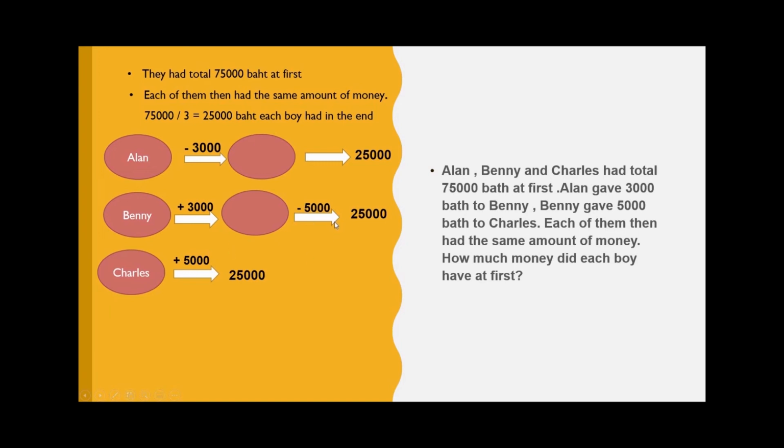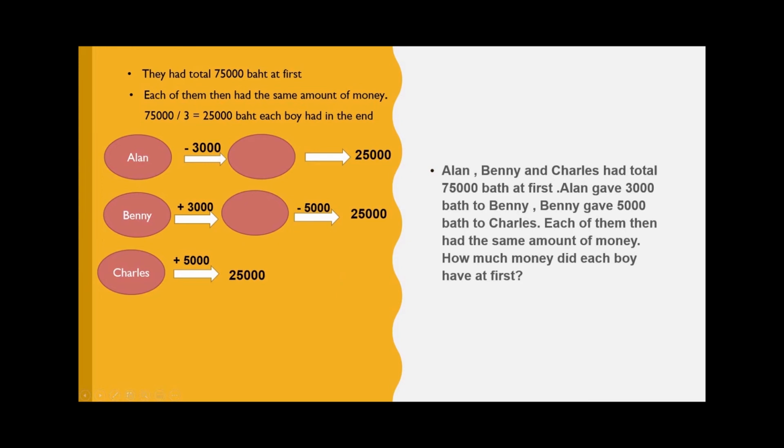So Benny's money plus 3,000 minus 5,000 is equal to 25,000. Charles didn't share his money with anyone. He just received 5,000 baht from Benny, and he has 25,000 baht now.